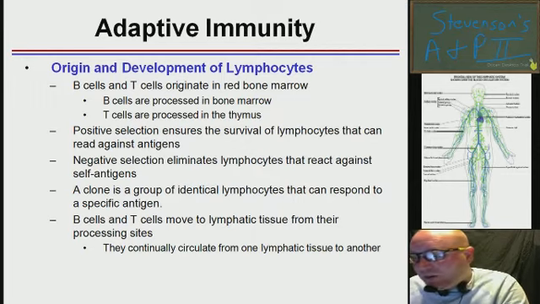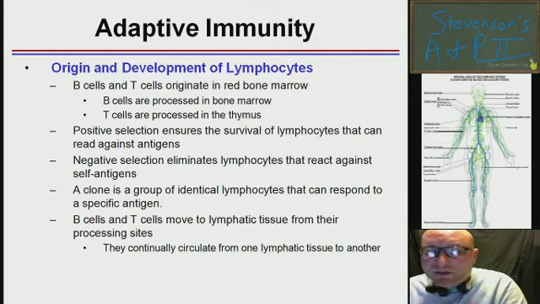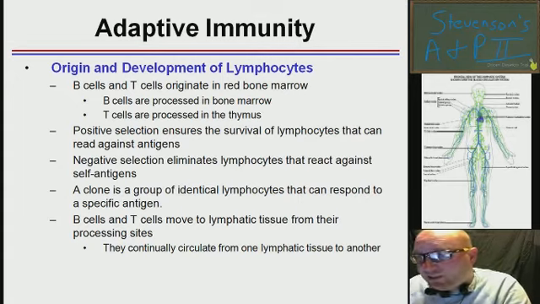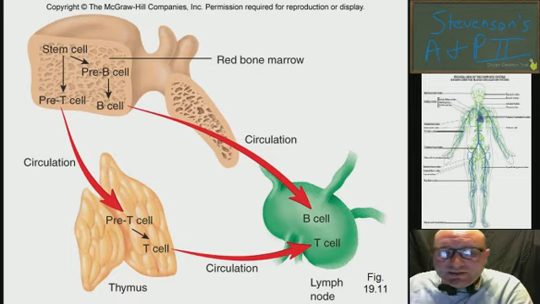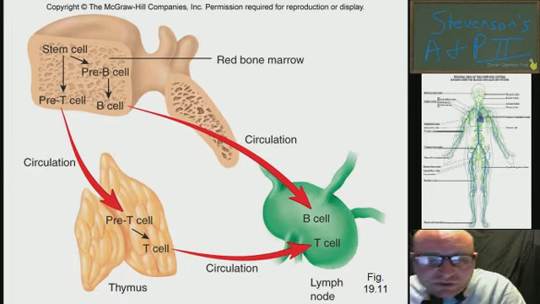B cells and T cells move to lymphatic tissue from their processing sites, and from there they continue to circulate from one lymphatic tissue to another. Here we can look at how the circulation is happening. They both come from the red bone marrow, the bone up at the top.